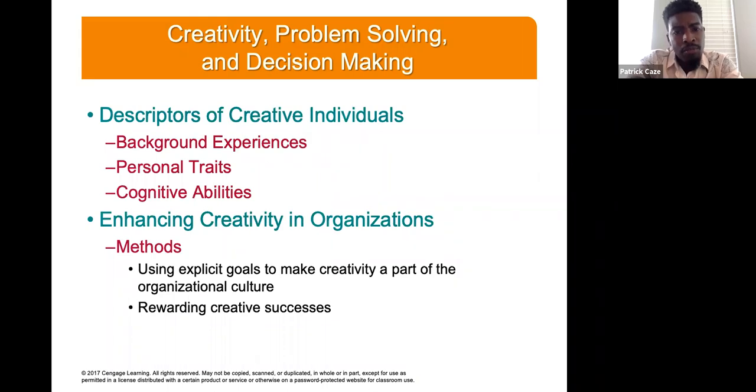Some descriptors of creative individuals, okay. Of course, background experiences, that's always number one to me, right? Your experiences definitely will help you to be more creative in your decision making because you've seen a lot of things and you have a lot of things to pull from in order to come up with some kind of solution, right? Many times, there'll be a problem that an adolescent is having as compared to an adult.